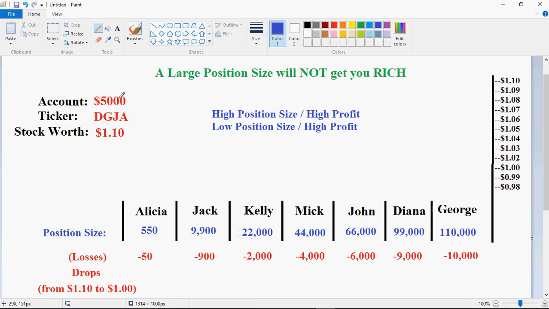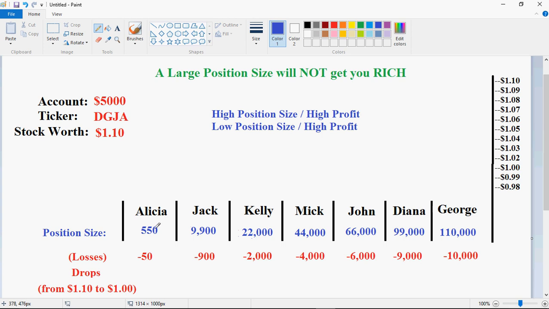These are 7 people. All of them have the same account, 5,000. They're trading this ticker here. The stock that they are going to trade is at $1.10. These are their position sizes. Alicia buys 500 position size for $1.10, which came up to 550. I need y'all to understand that.